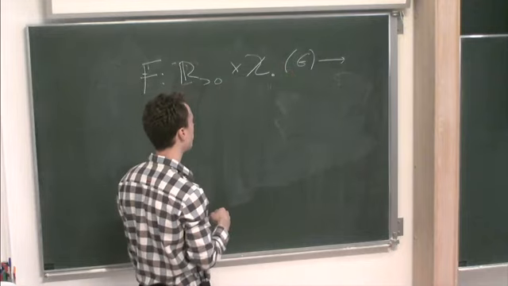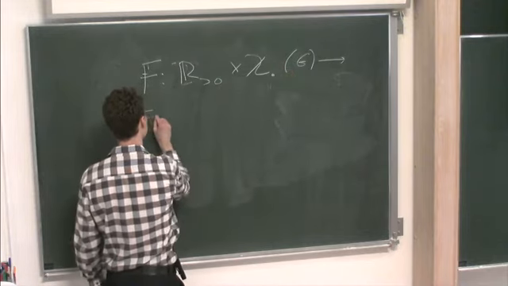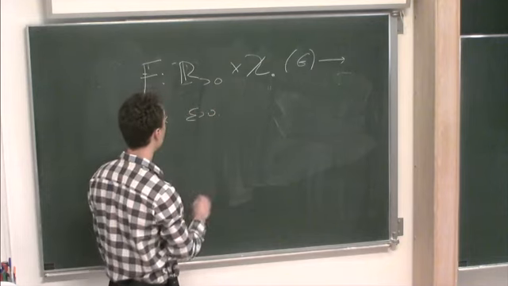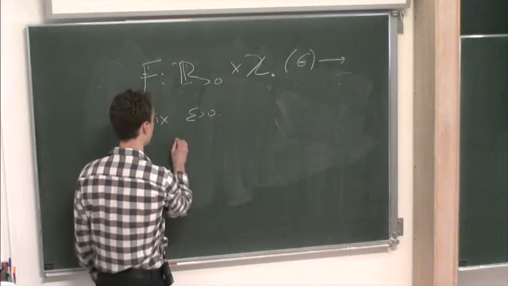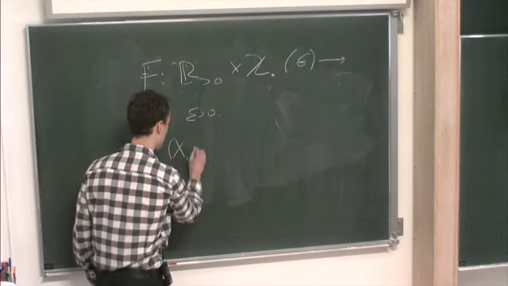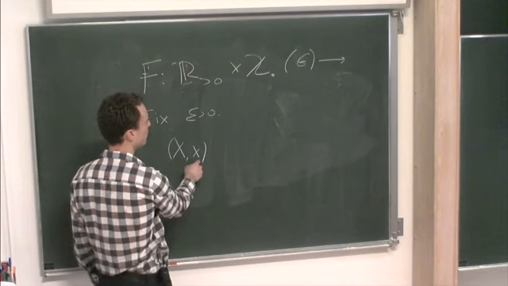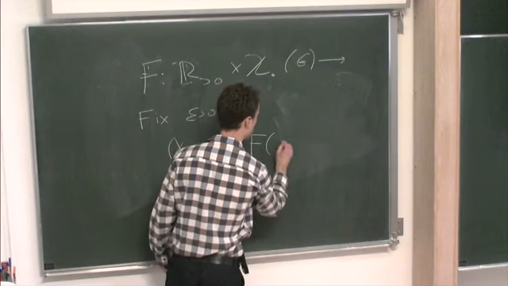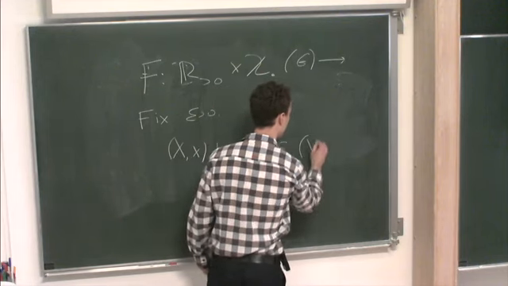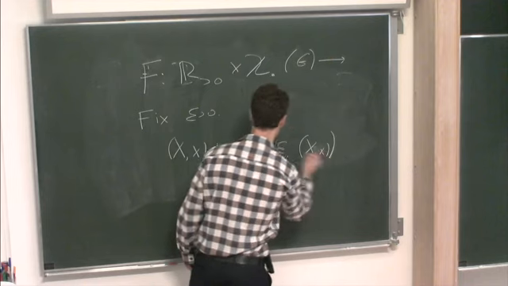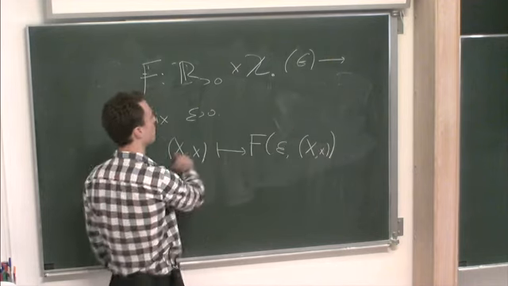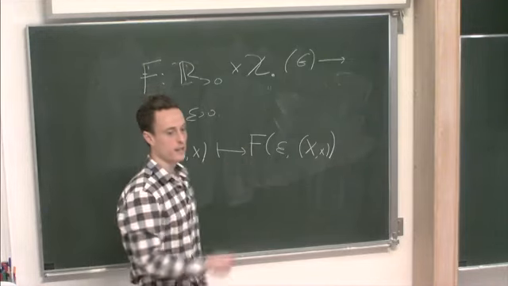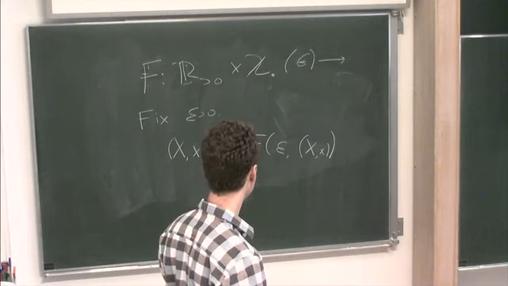So let's fix some epsilon and concentrate on the mapping that takes a pointed G-set to the function of this fixed epsilon and the pointed G-set. So this is actually a function from pointed G-sets to something. When will I say that this function is local?